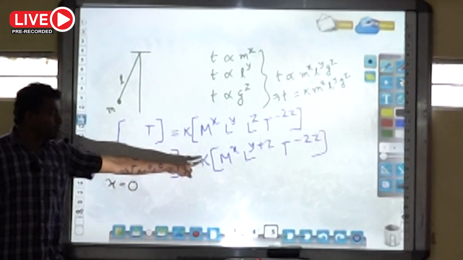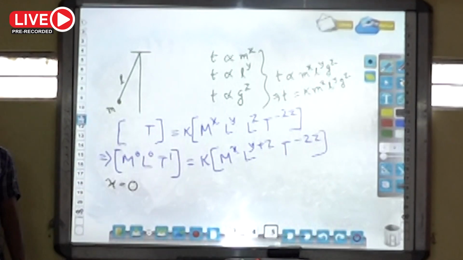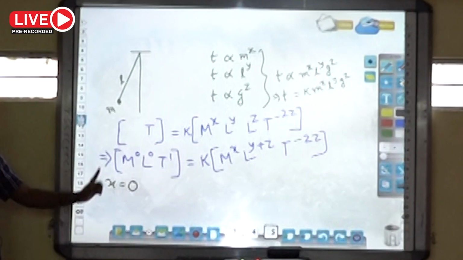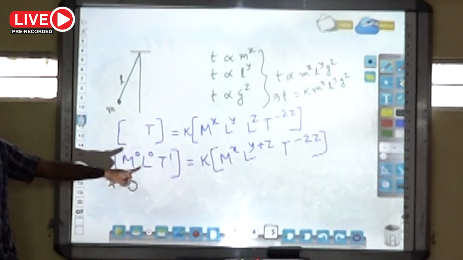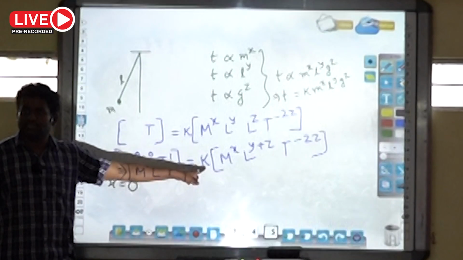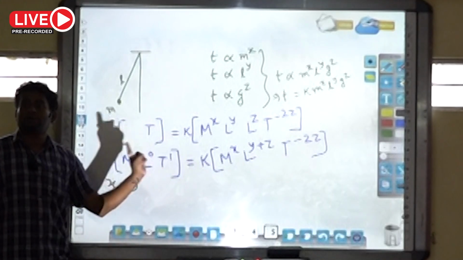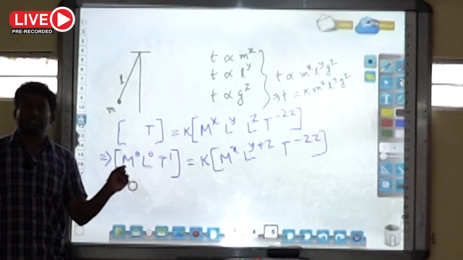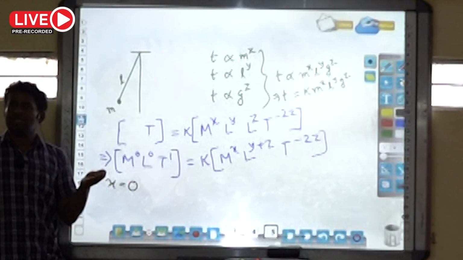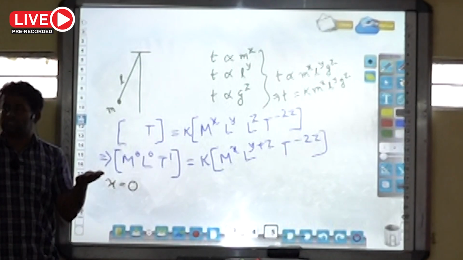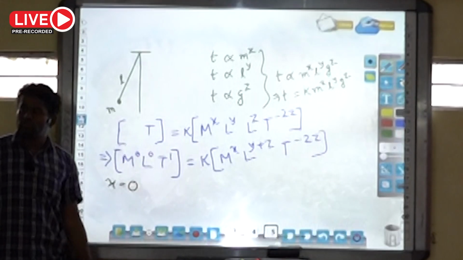Because power of m is 0 on one side, and x on the other, so x should be equal to 0. Because both sides should be dimensionally correct. This k is a constant, a dimensionless, unitless constant. Because these are representing a physical equation, a physical equation has the same unit or dimension on both sides. So the powers of m should be equal.